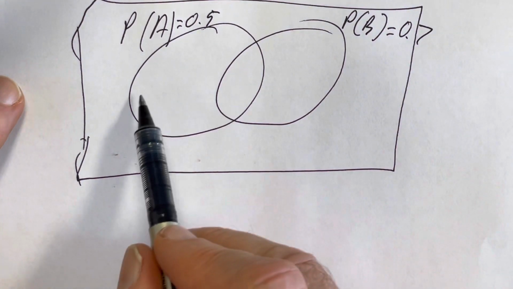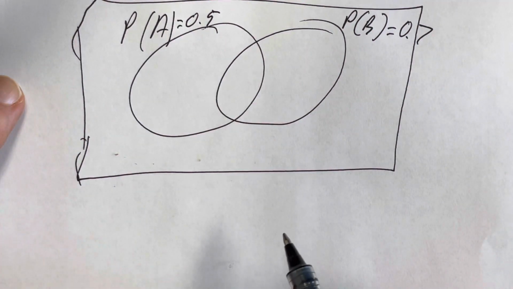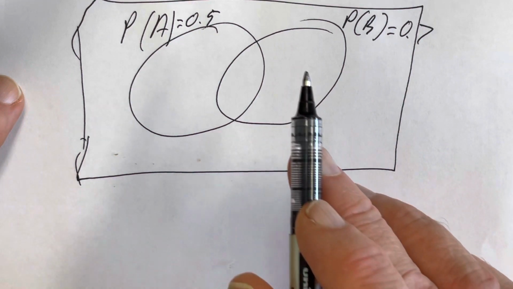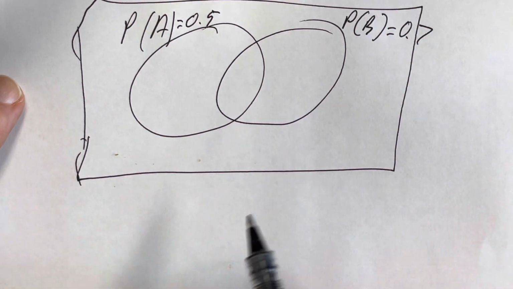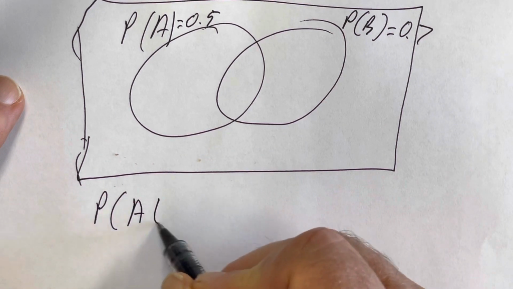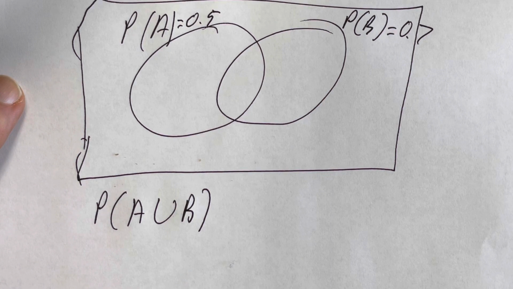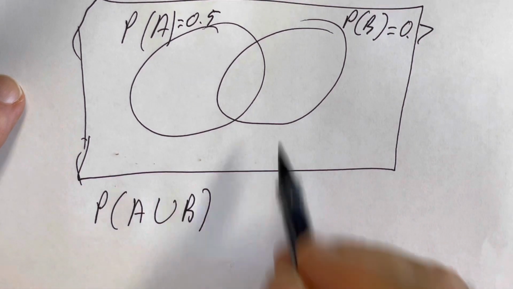To calculate the probability that A occurs or B occurs or both occur, we're looking at the union.